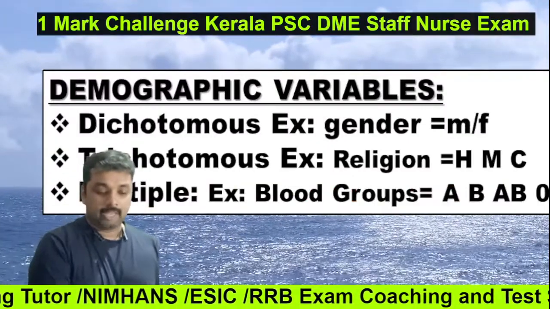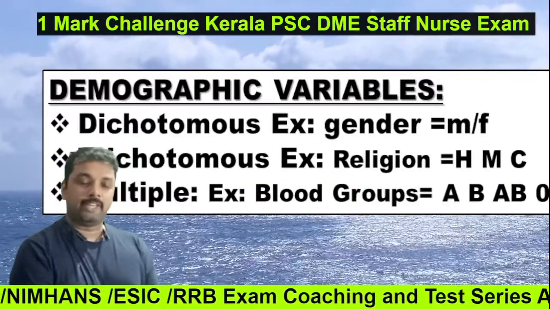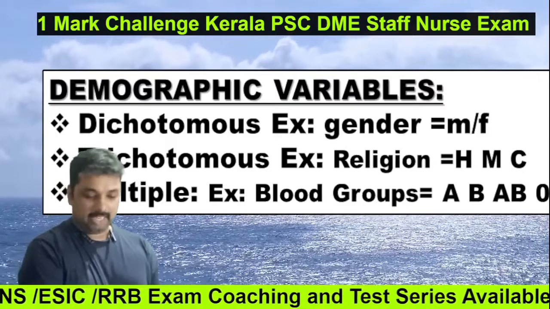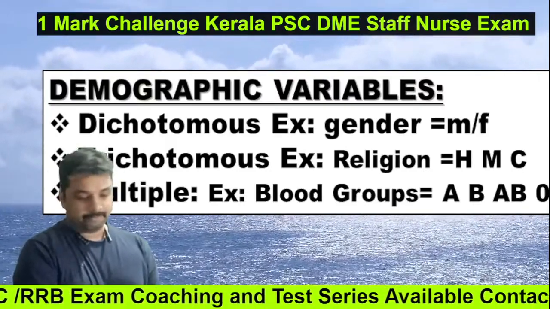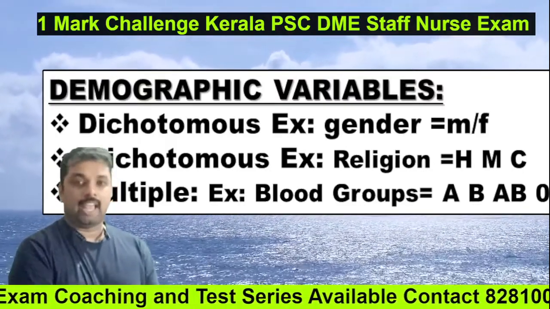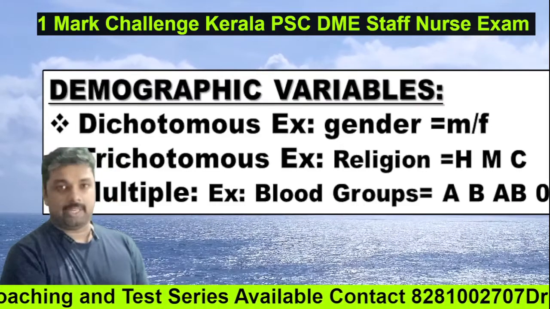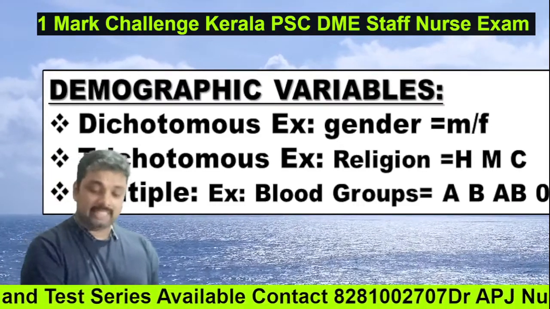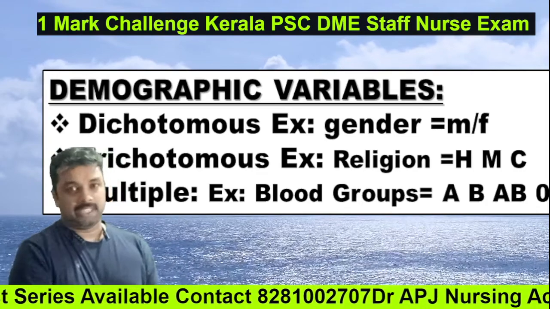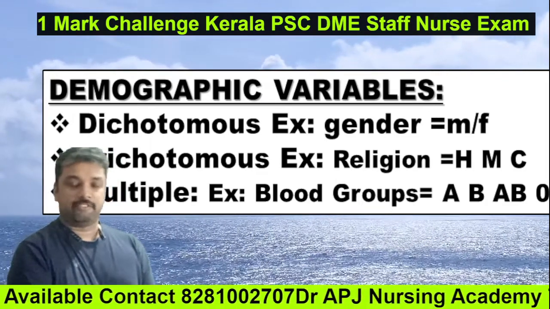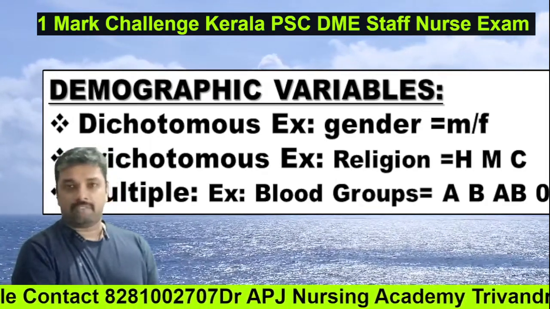Next, classification of demographic variables: dichotomous variable, trichotomous variable and multiple variable. A dichotomous variable has two options for data collection, for example gender, male or female.